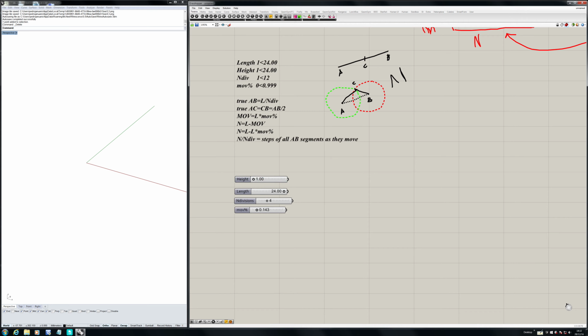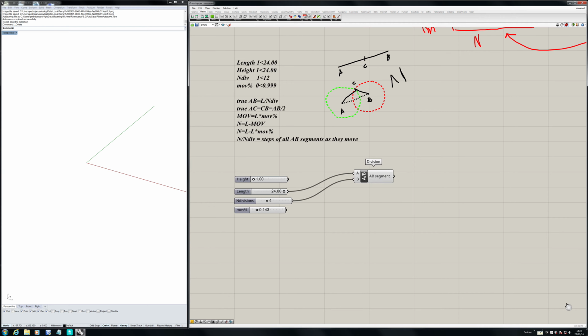Now for the AB, the true AB, I need to have divisions, so mathematics, divisions, and I'm going to say length by the number of divisions. This is going to give me the AB segment.